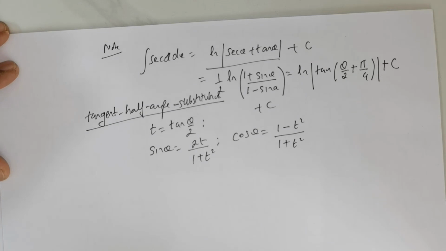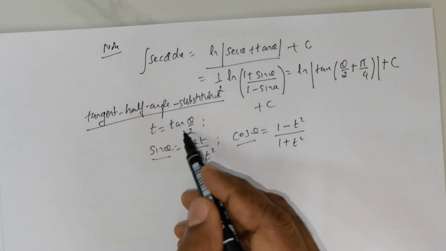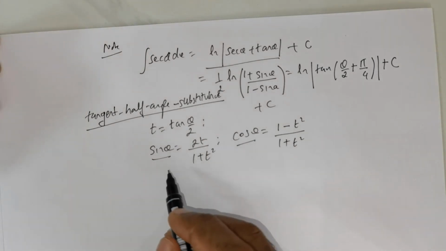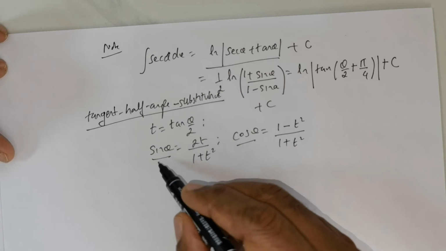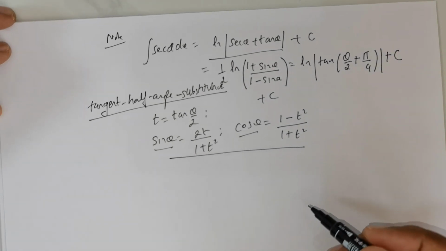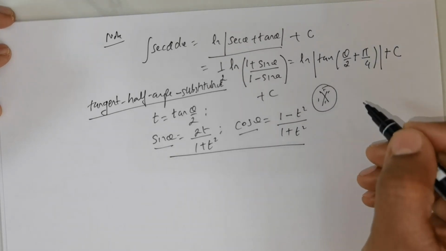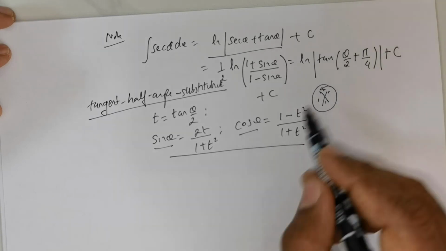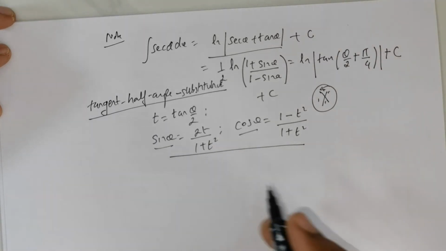So that is the substitution that we will be utilizing for tan, sine and cos. When I say tan, it's tan of theta over 2, and the rest, sine and cos, are just sine theta and cos theta. This half angle substitution is very important that you will have to know if you want to become invincible in calculus. It should be written in your memory.